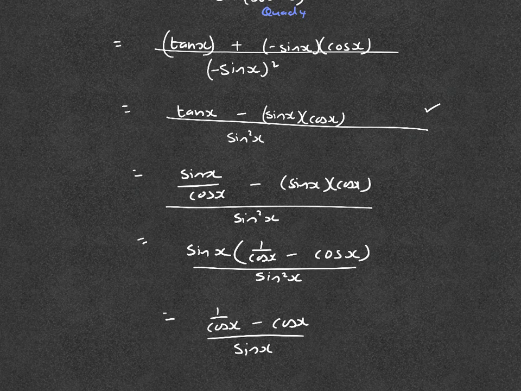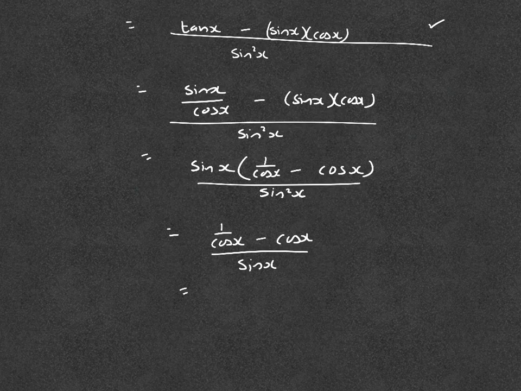If we find a lowest common denominator on the numerator, that's cos x, so that is equal to 1 minus cos squared x over cos x, divided by sine x.